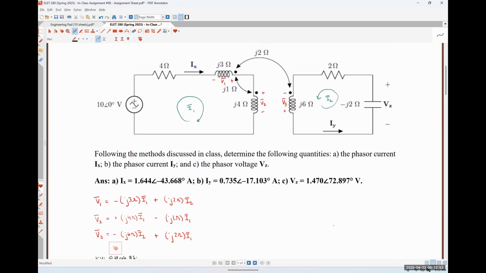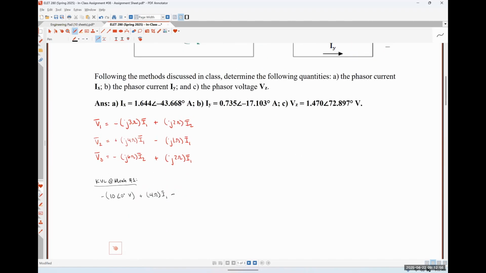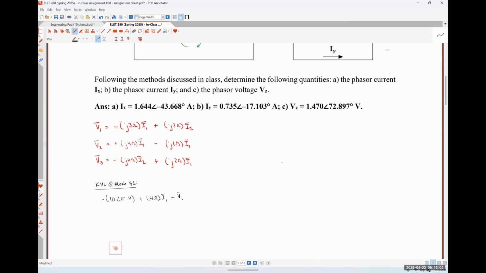Then I see the negative polarity terminal of V1, so I'm just going to do minus V1. And then I see the positive polarity terminal of V2, so I'm going to do plus V2 is equal to 0.